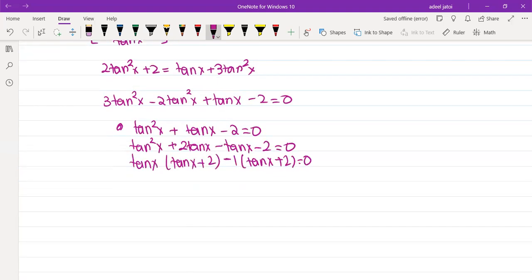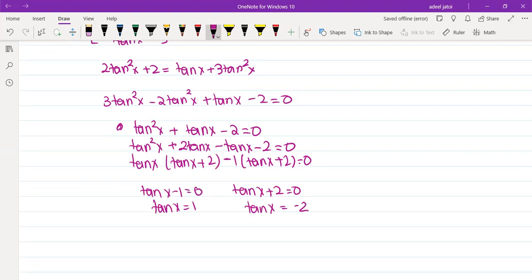So this would be tan x minus 1 is equal to 0 and tan x plus 2 is equal to 0. tan x is equal to 1, tan x is equal to minus 2.